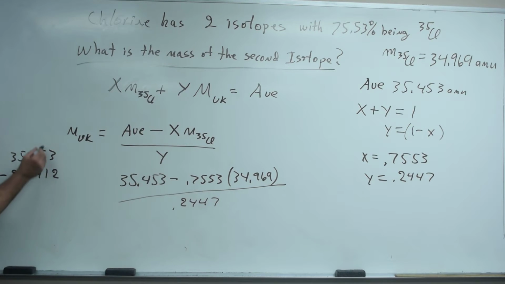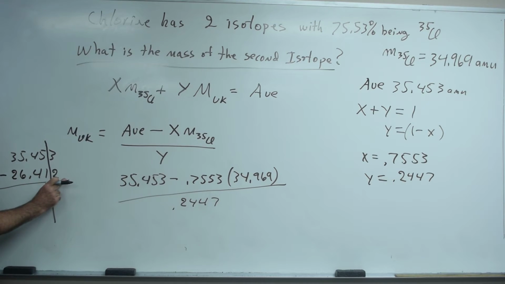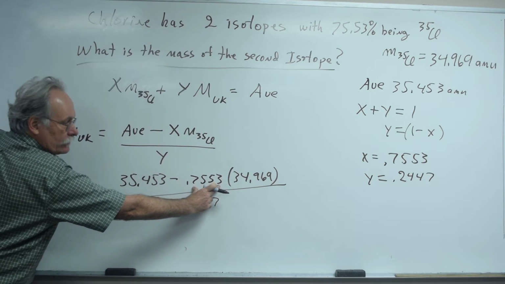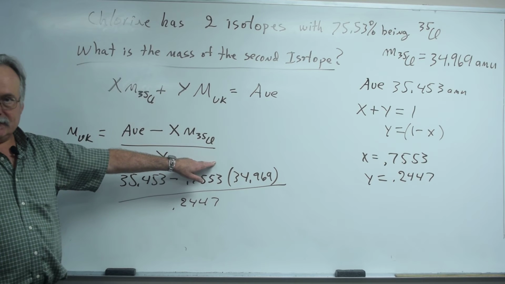So this number is really only known to the hundredths position. Does everybody follow that? This times this is 26.412, and this number has 4 sig figs, so it's only known to the hundredth. When I subtract these now, I get 9.041.